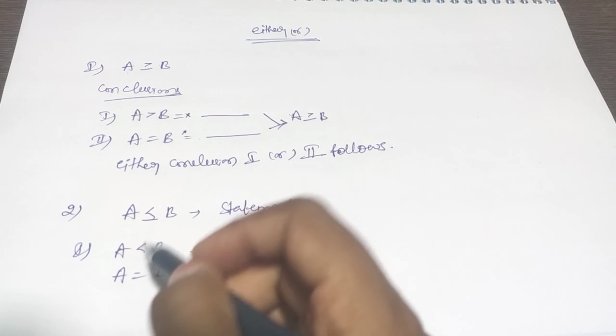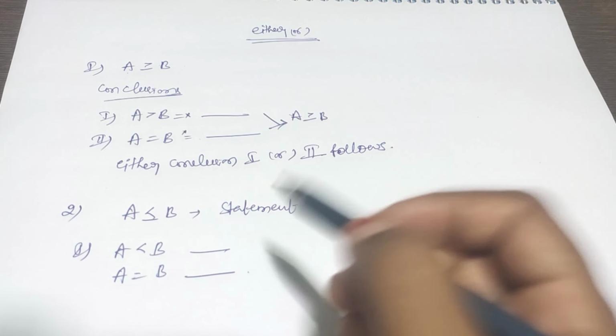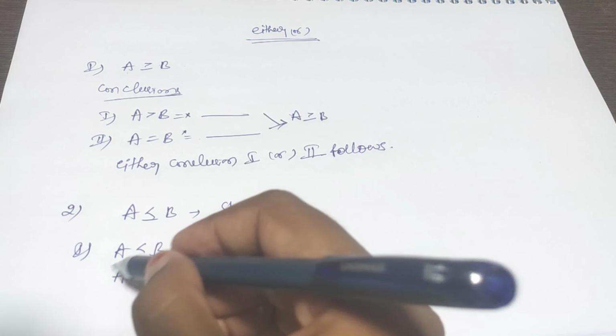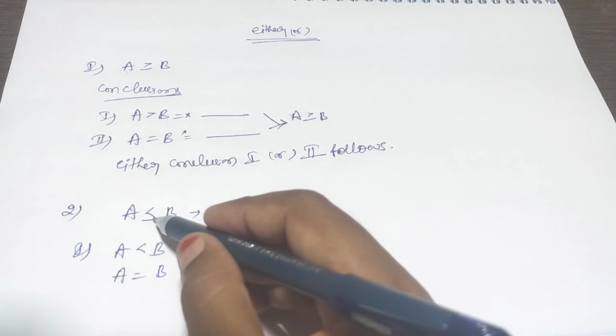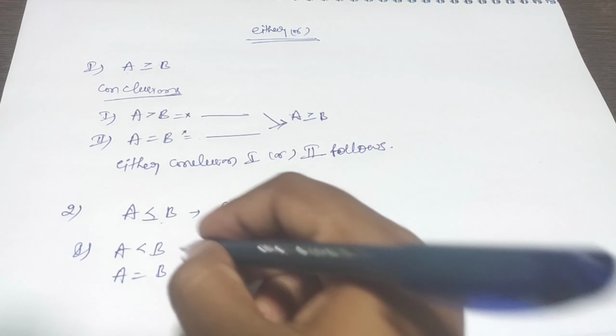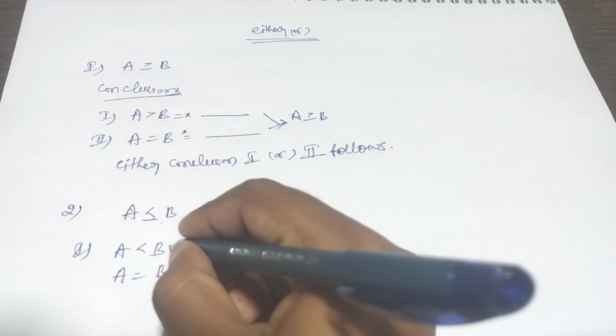A is less than B is the first conclusion. We check it against the statement, A is less than or equal to B. So this one is wrong.